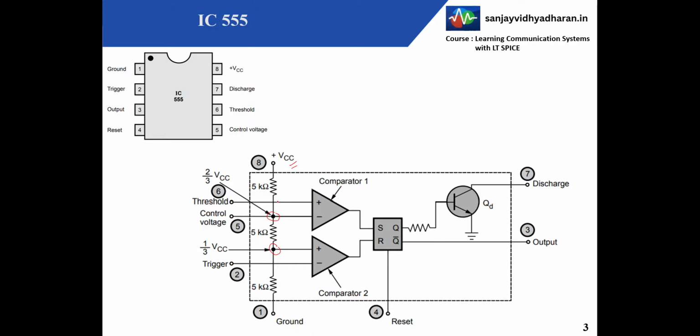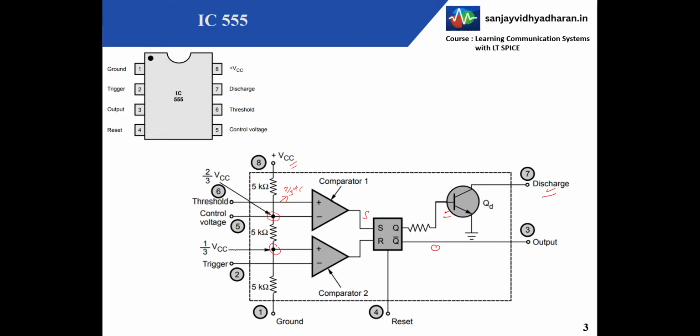Whenever the voltage at this threshold goes above 2/3 VCC, this flip-flop will be set, and since I am taking the output from this, it will go to 0, and the discharge transistor will be turned on.